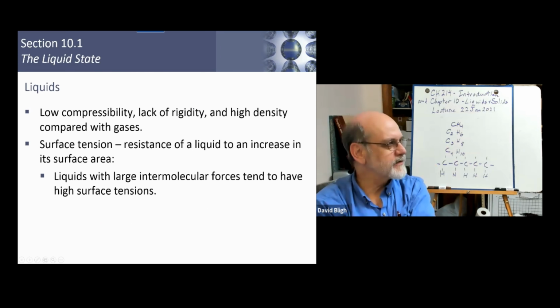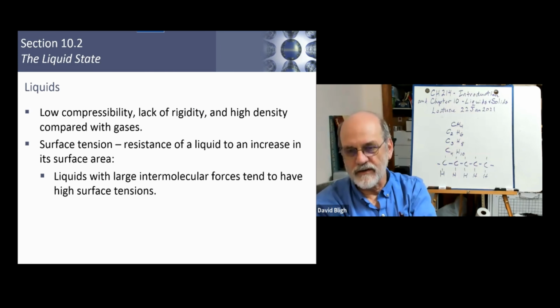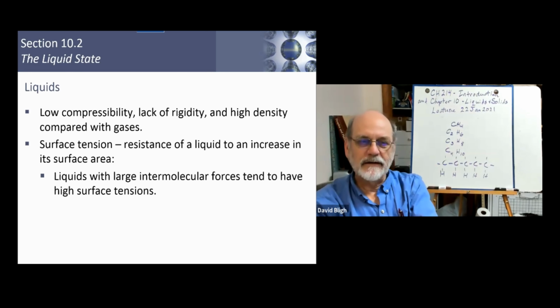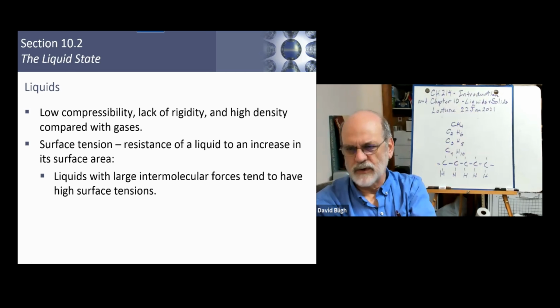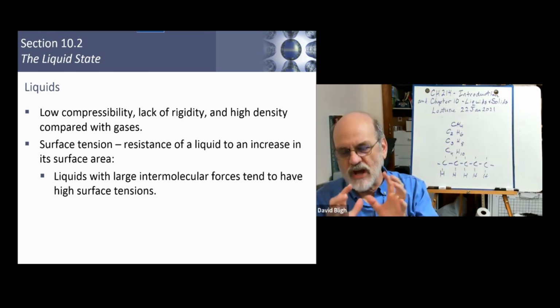Okay, characterize. I know I'm going to run out of time, so I'm not even going to try to rush. Liquids have low compressibility. What does that mean? That means when you squeeze it, it doesn't get any smaller in general.